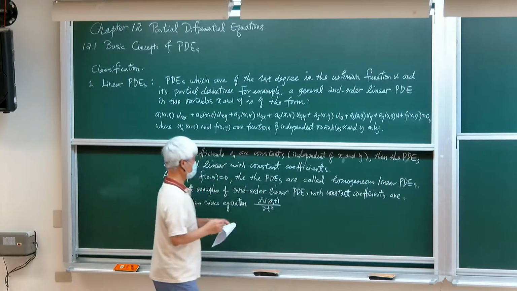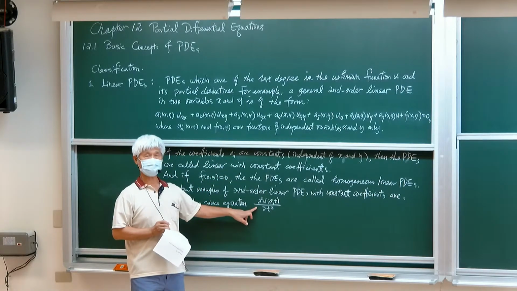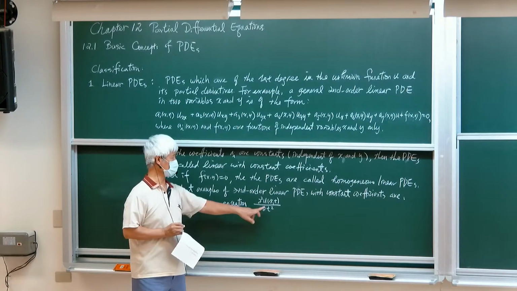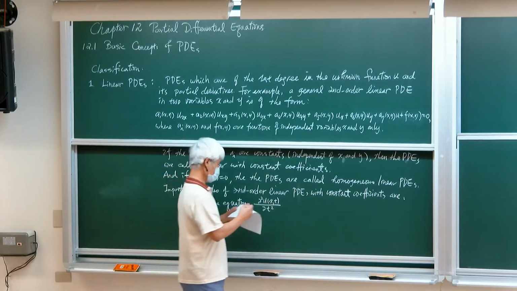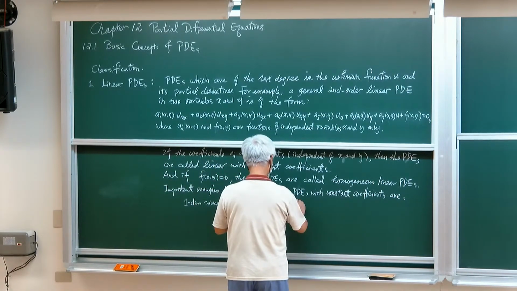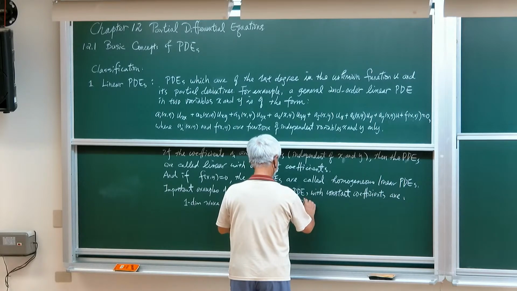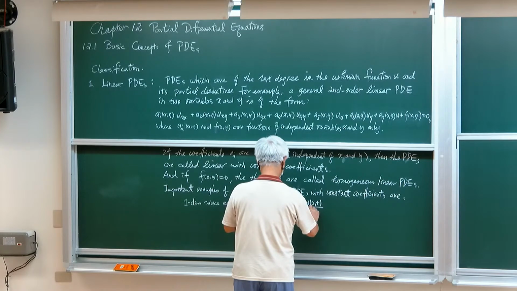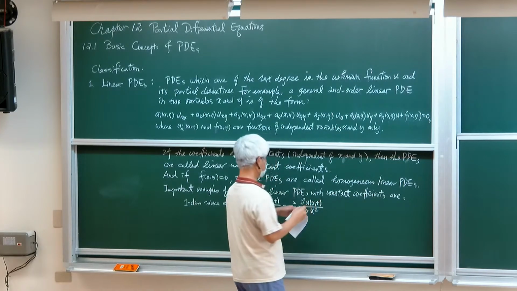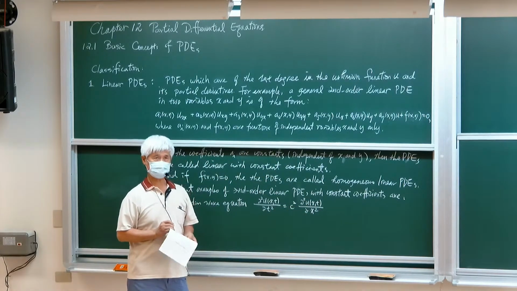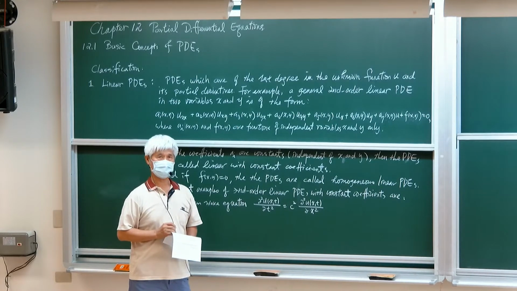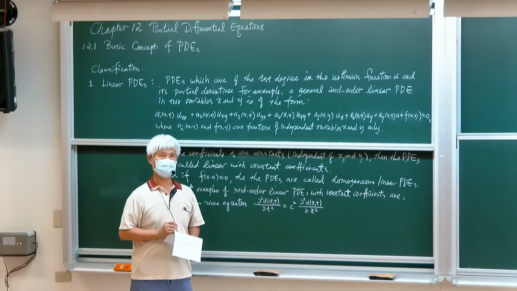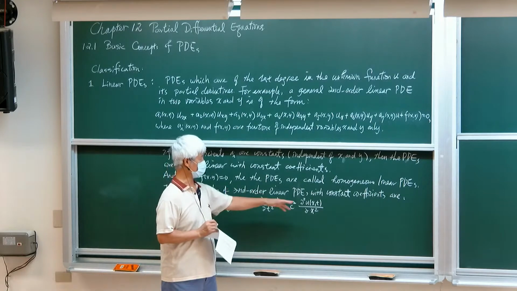Okay, so this is the second order partial derivative with respect to time t. Okay, and c squared. And this is the second order partial derivative of u with respect to the space coordinate x.